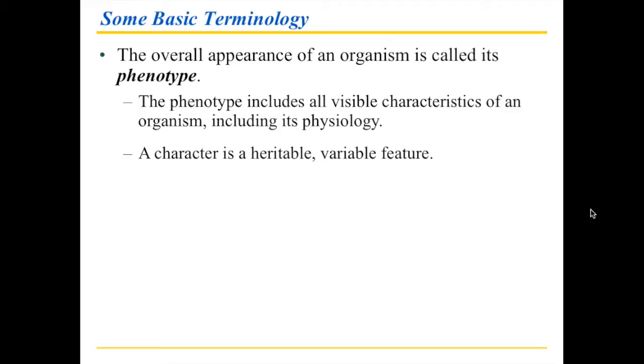The characters that we're looking at, the characters are those features that can be passed on from one generation to the next. That means they have to have their basis in genetics, and they have to be variable. And so if you're looking at all the different characters that make up a human being, you'll find that many of those characteristics are clearly passed on from one generation to the next.